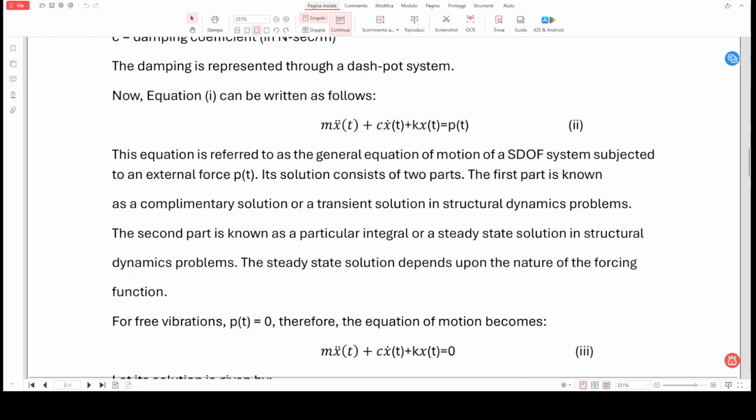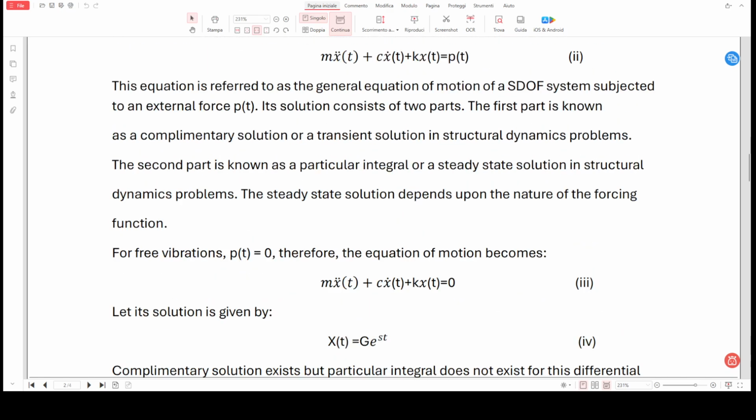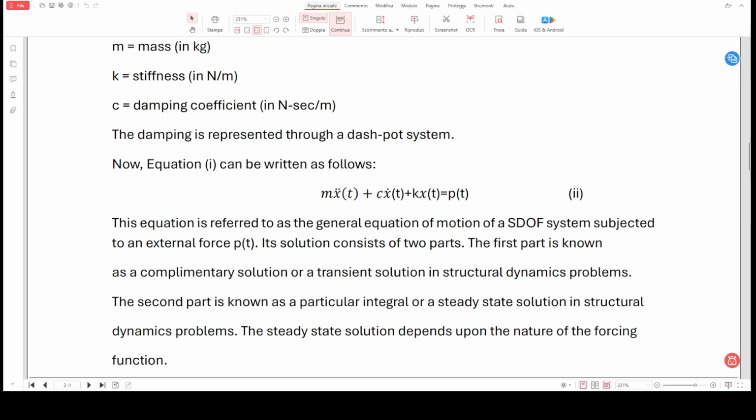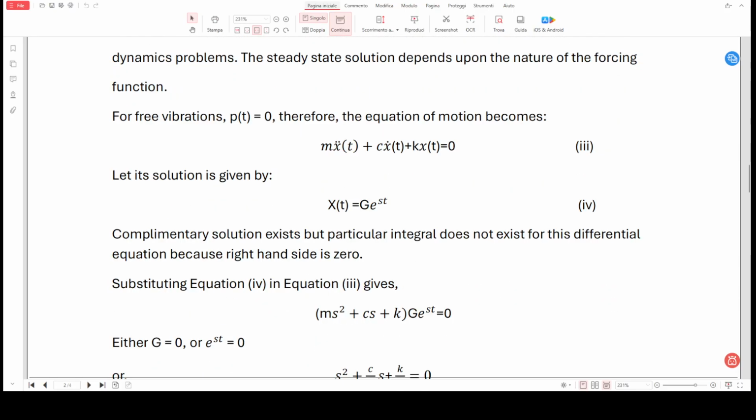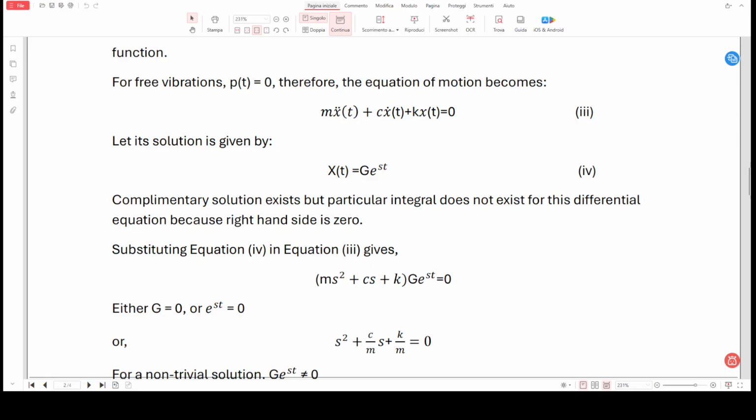When P(t) is equal to 0, we can write this equation as: the mass times the acceleration plus c times the velocity plus k times the displacement is equal to 0. The solution of this equation is of the type G multiplied by the exponential of the constant s times the time.